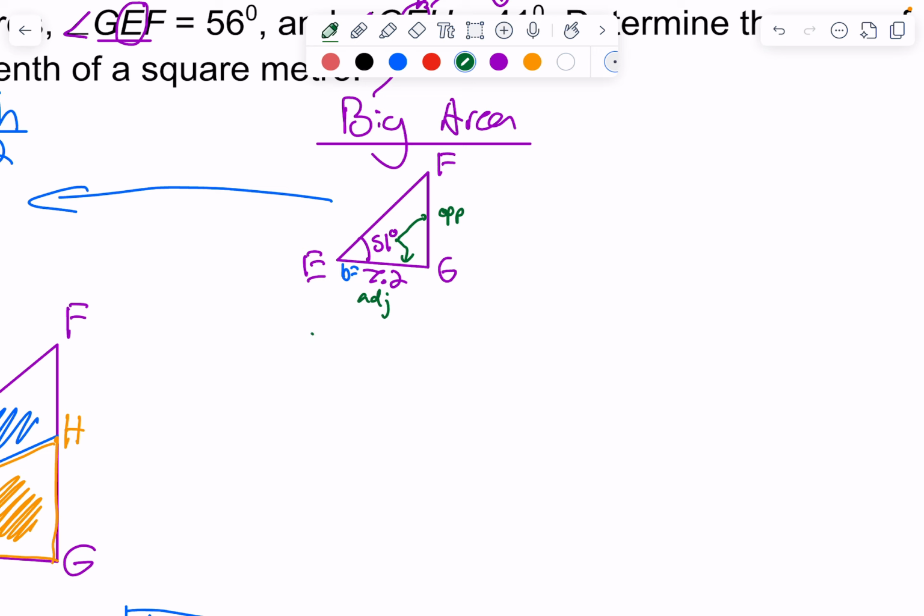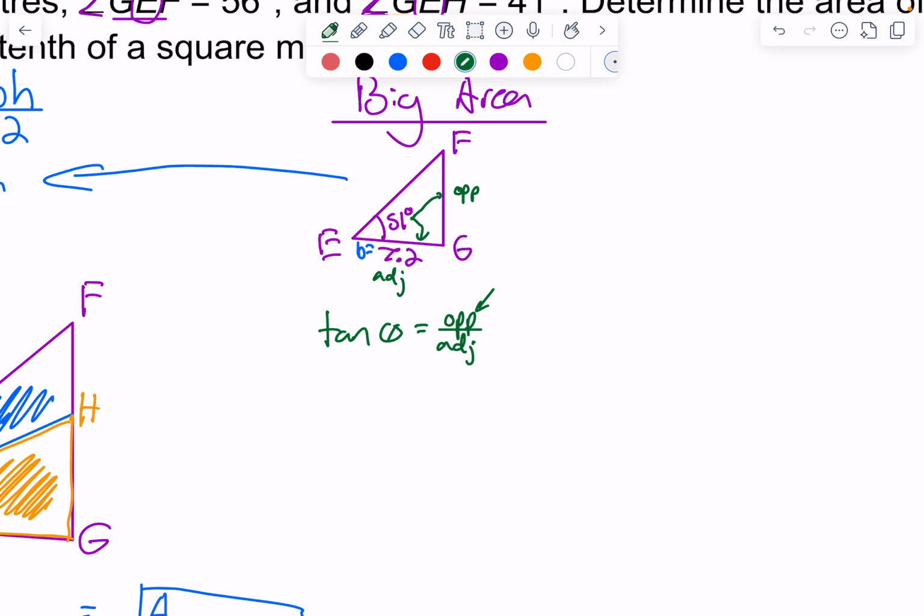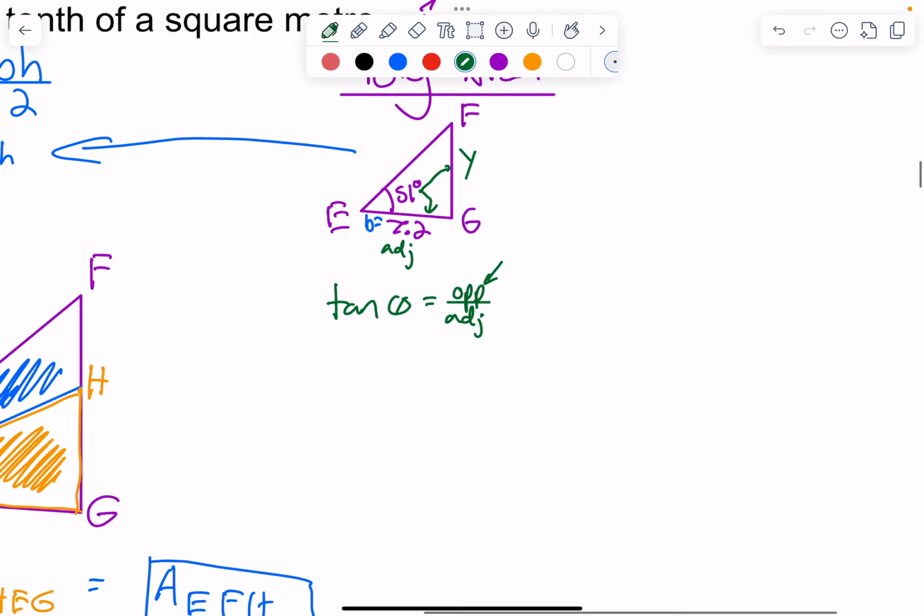Tan theta is opposite over adjacent. Let's call this side length y, so we're looking for y. Tan of 51 degrees is y over the 7.2.